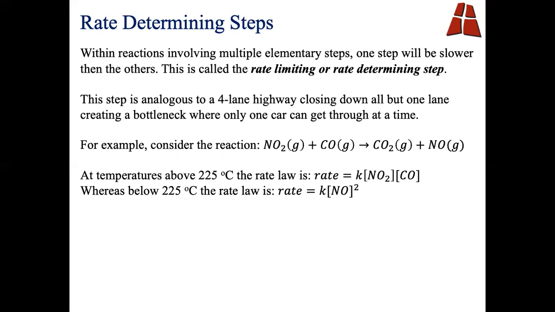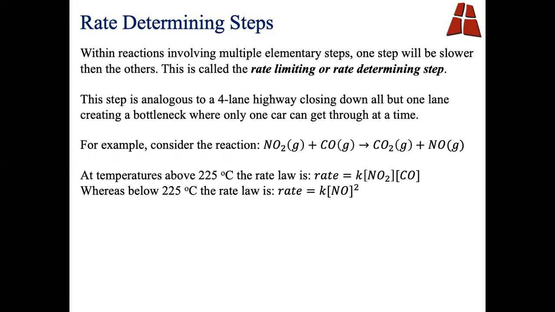And so if we think about that in terms of a chemical reaction, we would at certain temperatures above 225 degrees Celsius have this as a rate law, but below that temperature, we will have a rate law where the rate is just equal to k times NO squared.